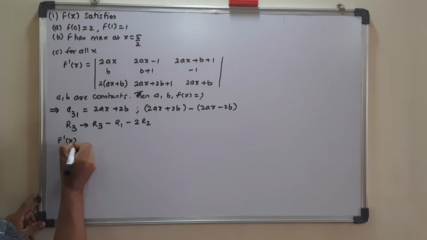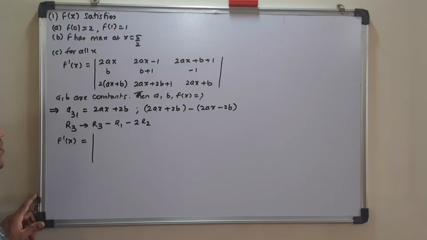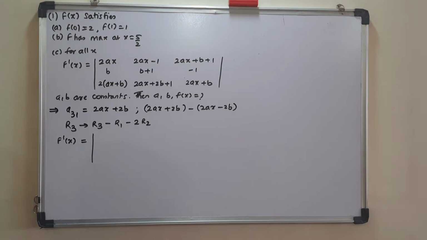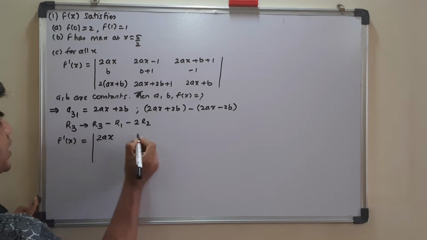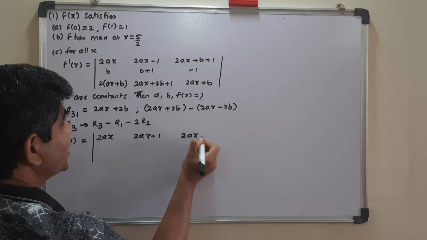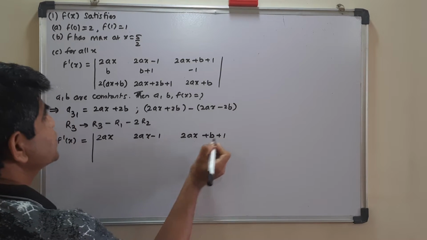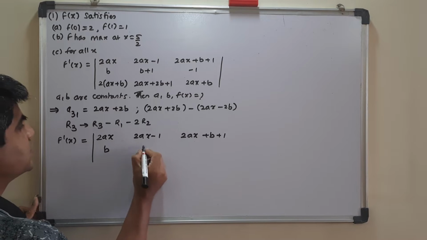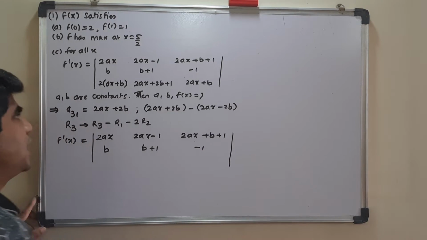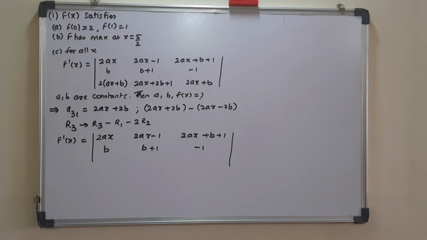this f dash x will transform to, now row 3 changes, that means there is no change in row 1 and row 2. So it is 2ax minus 1, 2ax plus b plus 1, no change here, no change here, no change here. The change happens to be in row 3.